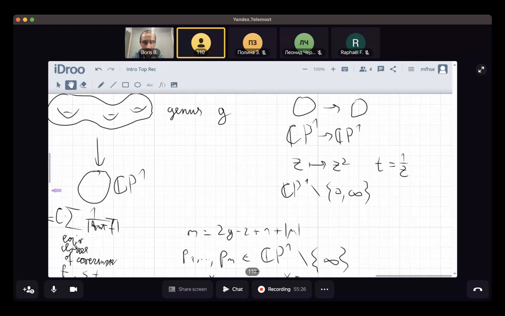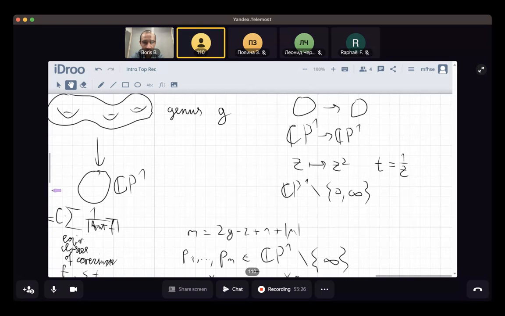So if A of Z is minus Z, this is clearly a homeomorphism of your sphere. Z maps to minus Z.